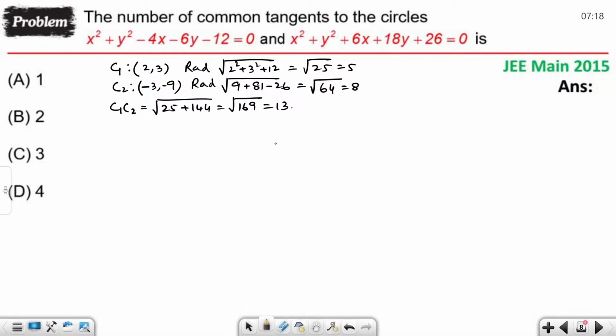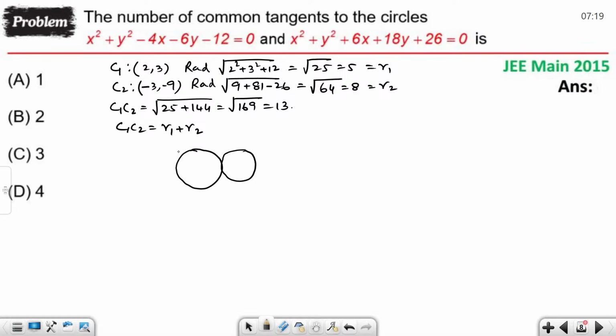Now we can easily see that the distance between the centers is the same as the sum of the radii of the given circles. It's R1 plus R2. It means that these two circles are touching each other externally.